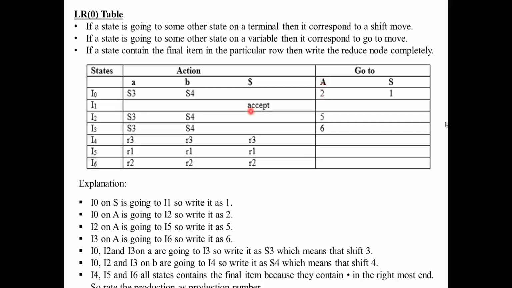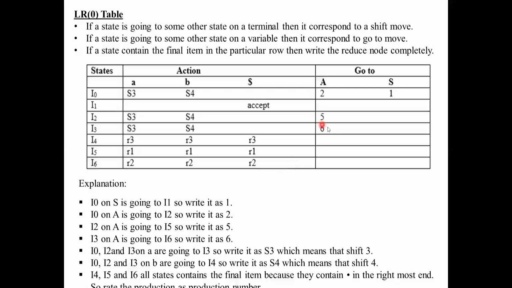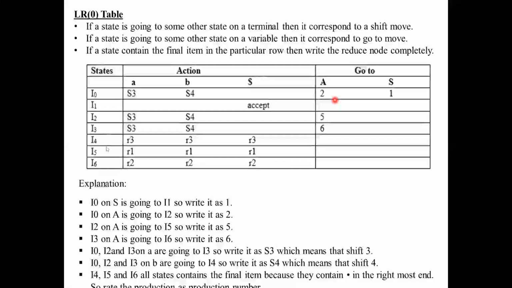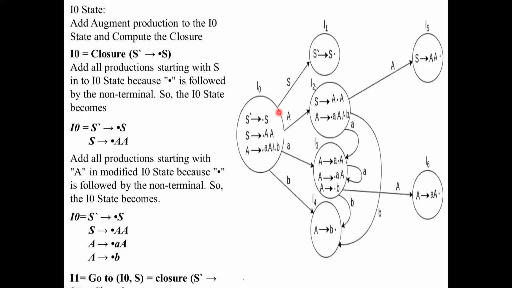Clear? For the non-terminal, if we take I0 for A, we achieve I2, and I0 for S we achieve 1.